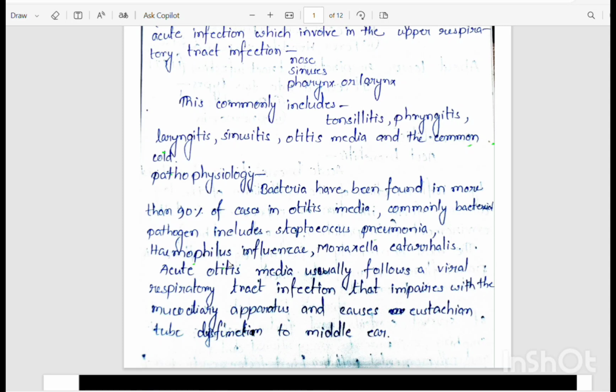Acute otitis media usually follows a viral respiratory tract infection that impairs the mucociliary apparatus and causes Eustachian tube dysfunction in the middle ear. So otitis media blocks the functioning of the Eustachian tube, and the Eustachian tube will not function well.